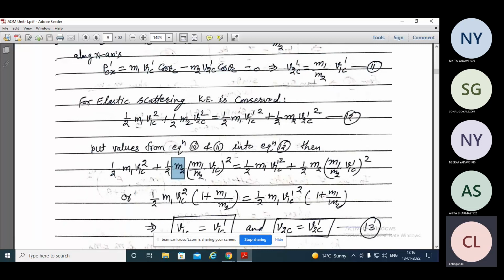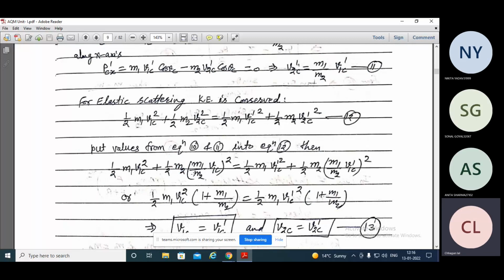Here we have one m2 and here m2 square, so we have only m1 square over m2.